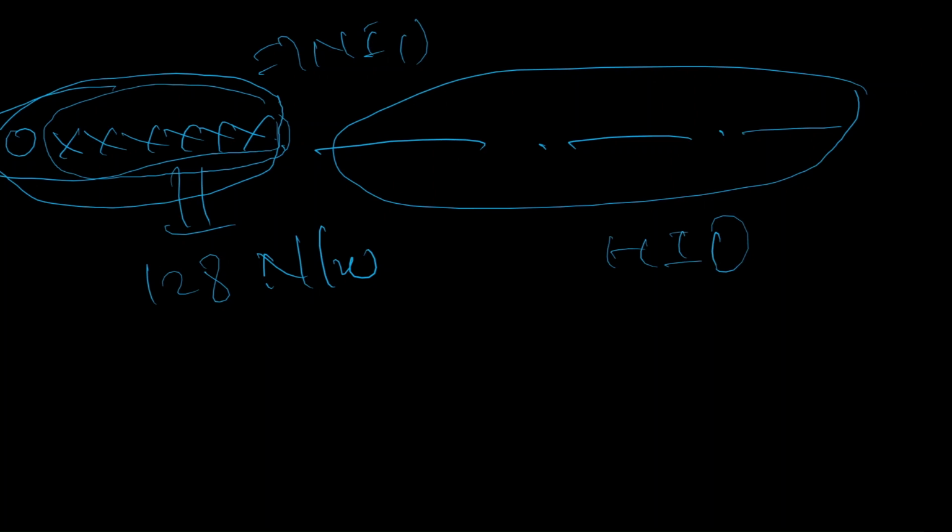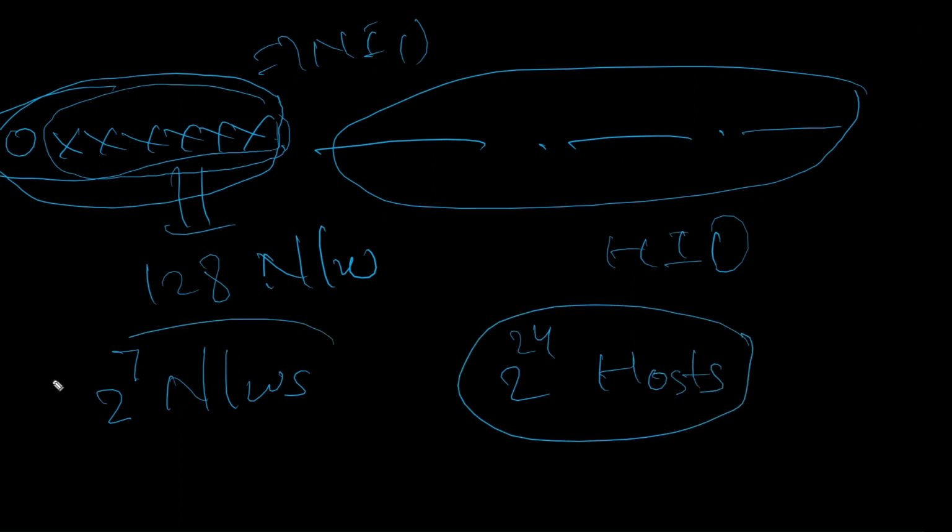In total there are 2 power 7 networks, as 0 is fixed and these 7 bits can be 0 or 1, and 2 power 24 hosts in each network.